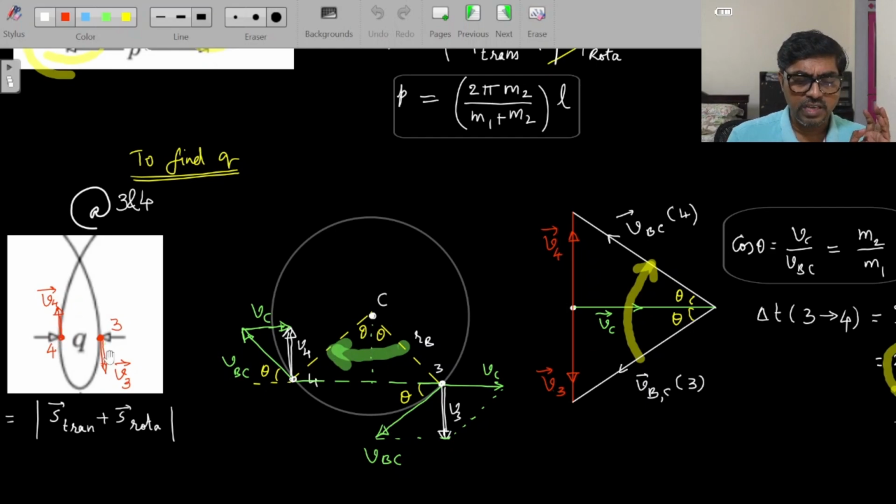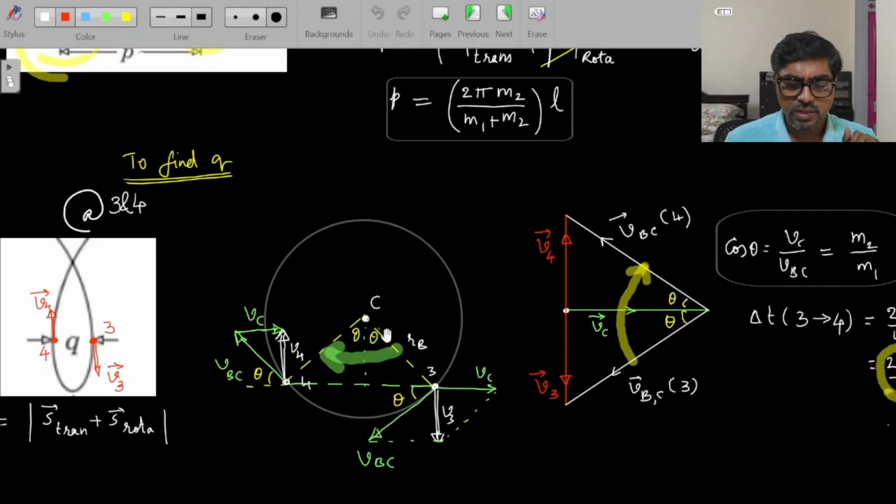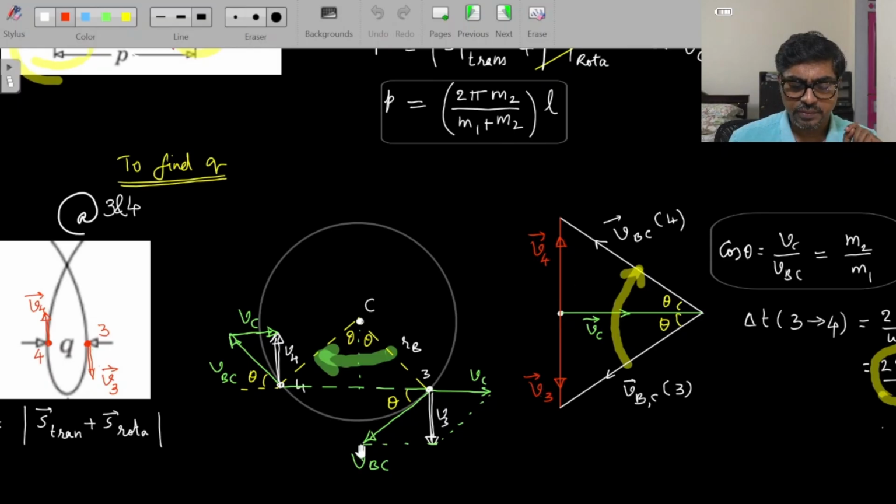So try to understand that using this CM frame again. Go back to the CM frame. Let's say this is C, the center of mass. And this is RB. And B is going around in the circular path. Let's say this point corresponds to point 3 there. At that point, VBC will be tangential, you can see that, and for that we are going to add VC vectorially by using the parallelogram law of vector addition.